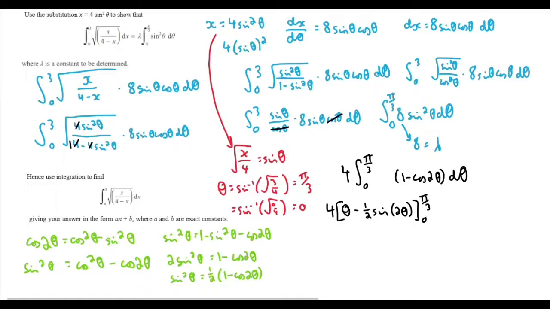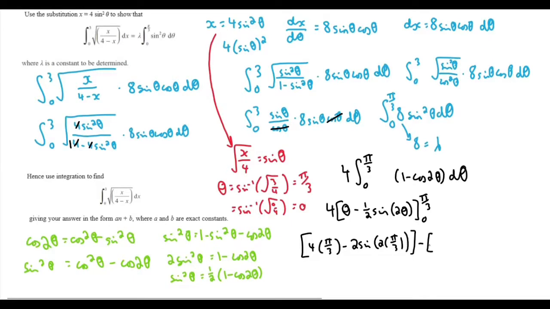Okay, so in between these bounds, what you're going to end up with is 4 lots of pi over 3 minus, so 4 times a half is 2, so 2 sine 2 pi over 3, and then that's going to have minus from it, so 4 times 0 minus 2 sine 2 0. Depending on your calculator, it may not give the answer to you in terms of pi, which is what the question's asking for, so you may just have to do this manually.